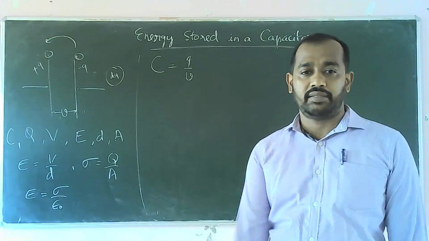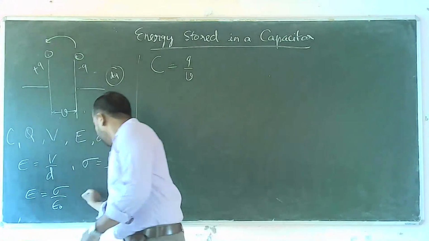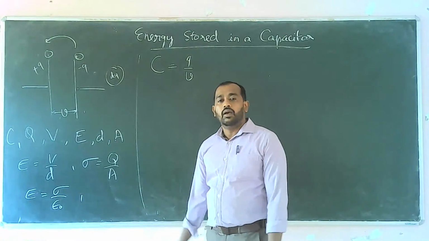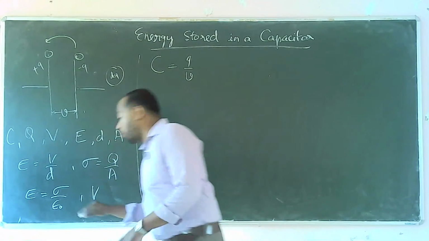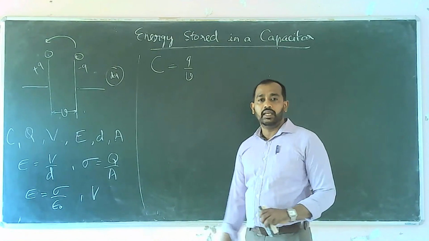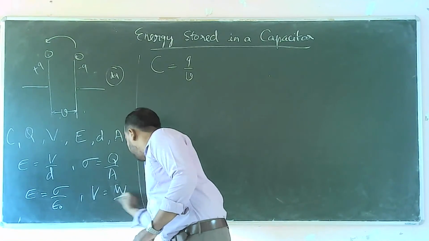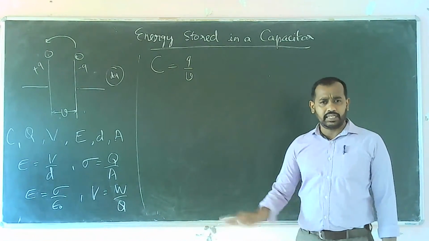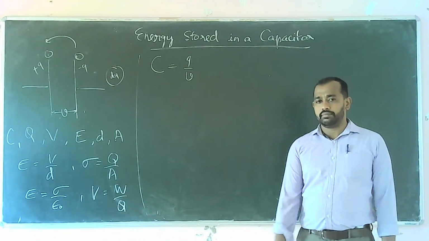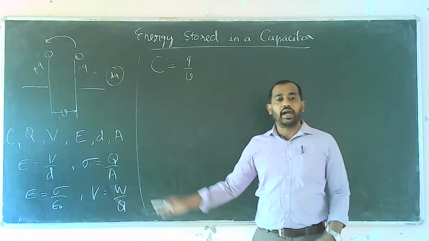So that is used here. What is the expression? The general expression is: if the potential difference is V, then it is equal to the work done divided by charge, work done per unit charge. From this expression, we can rearrange it to find the work done here.